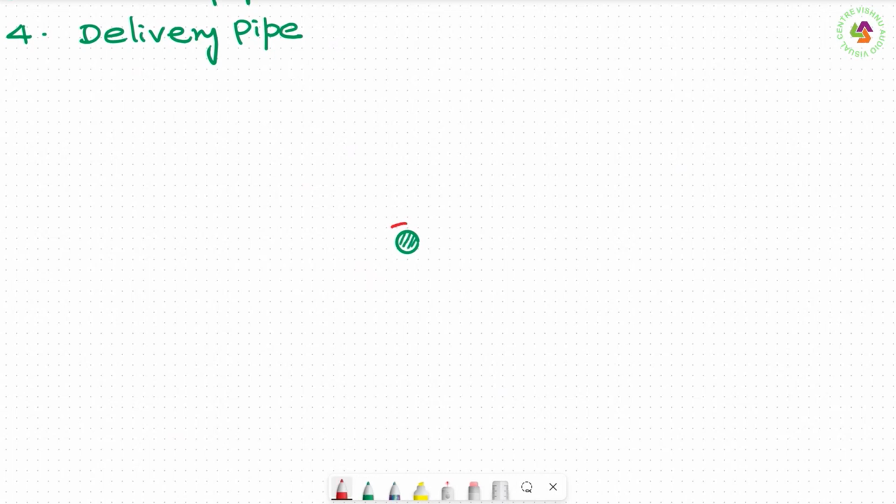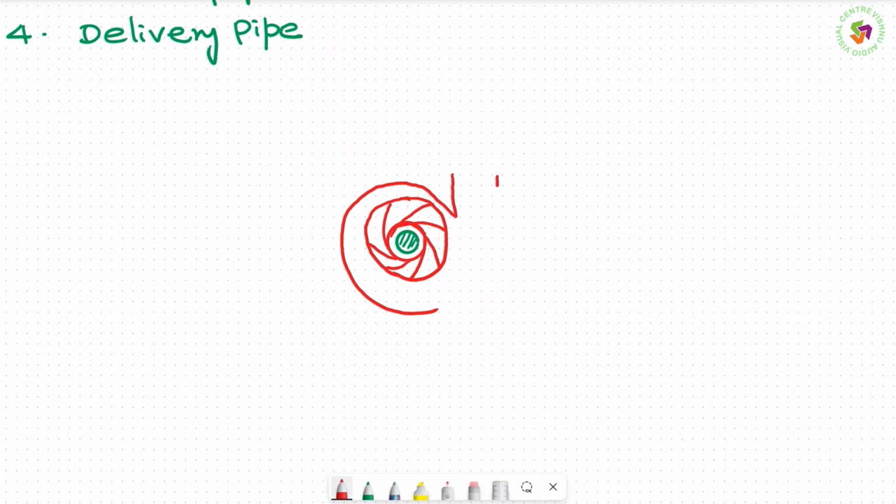Surrounding the shaft is the impeller, and over it, basically, we have the casing. So this is the basic thing, casing.